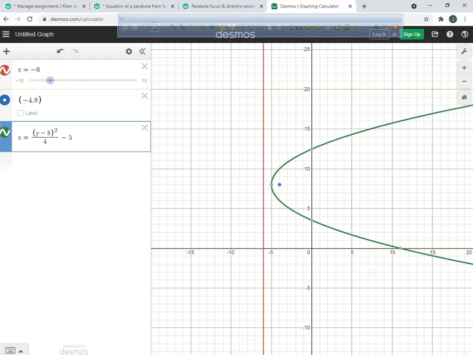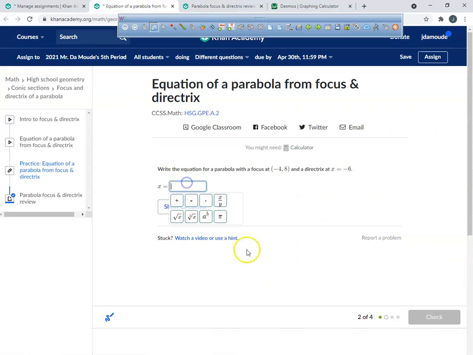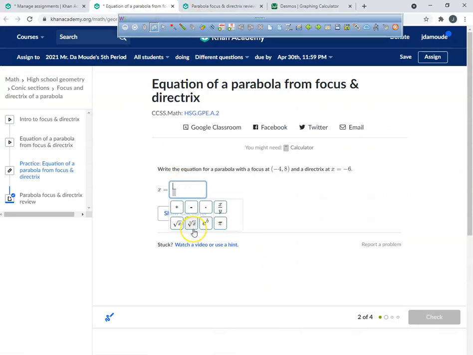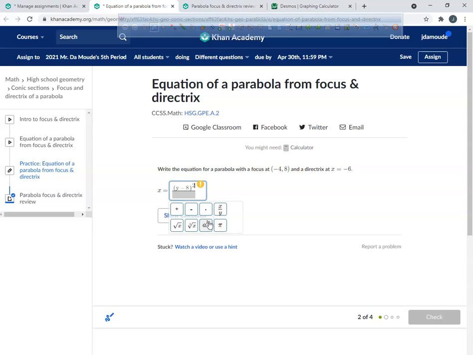All right, let's type it in. So right here, got to go over here, got to make a little fraction bar, got to make a parentheses. Y minus 8. I got to make that squared.